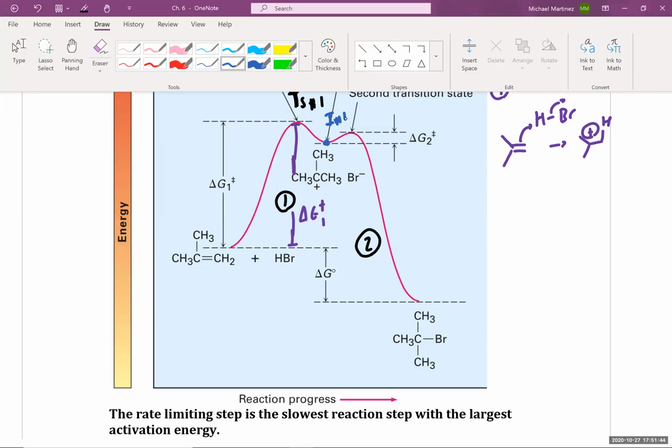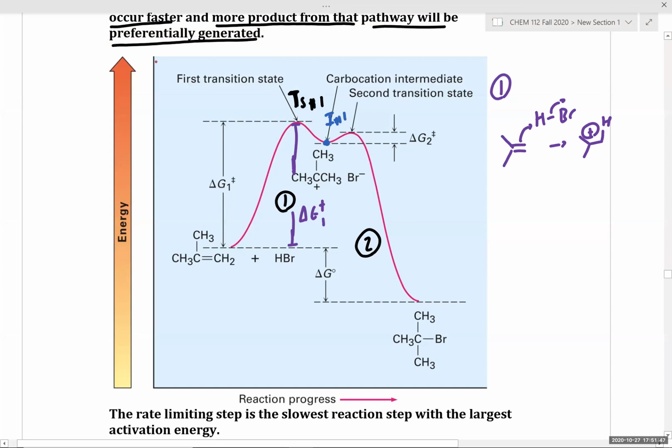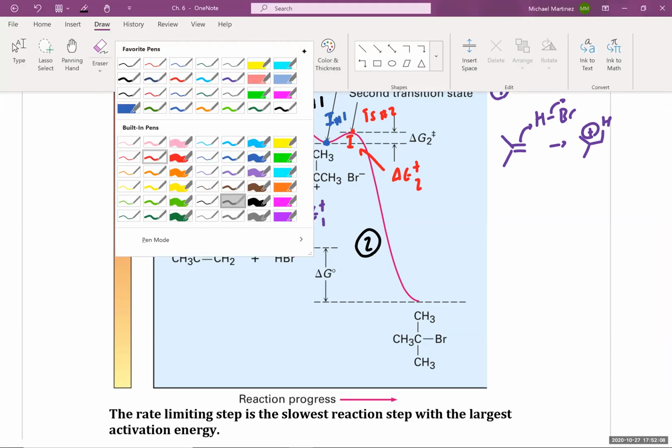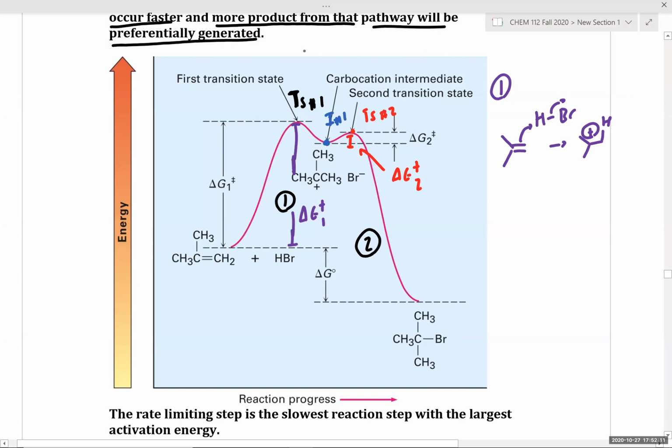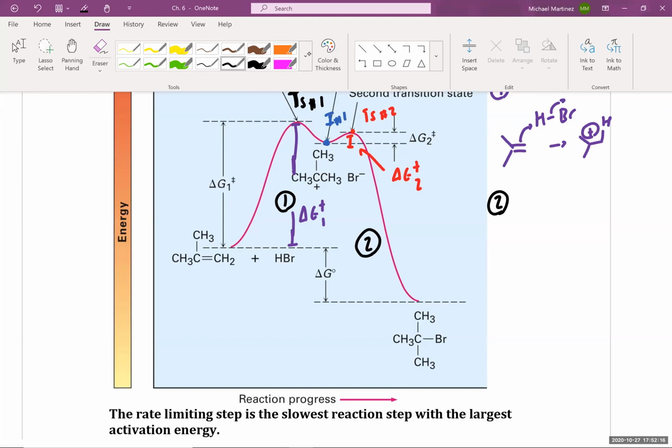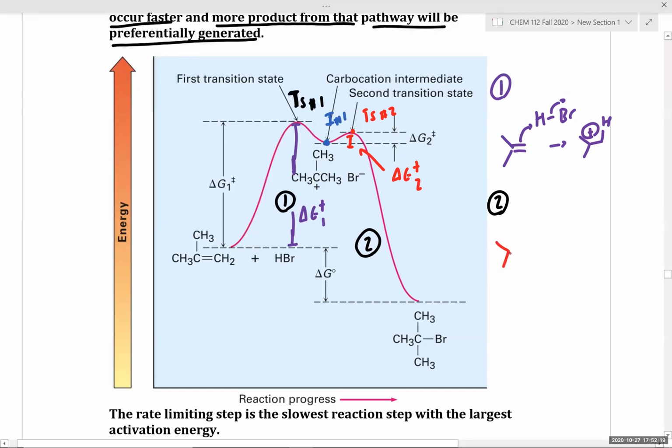Okay, so we've looked at the first step. Now looking at the second step, as we notice, the second step has a second transition state that we'll call transition state 2, and a second activation energy that we'll call the Gibbs energy of activation for step 2. Now, for this multi-step reaction, in step number 2, we're just looking at attack of our carbocation by our nucleophile.